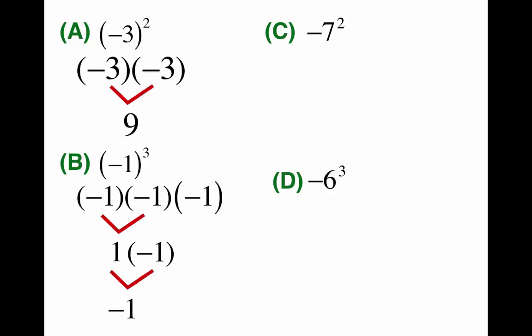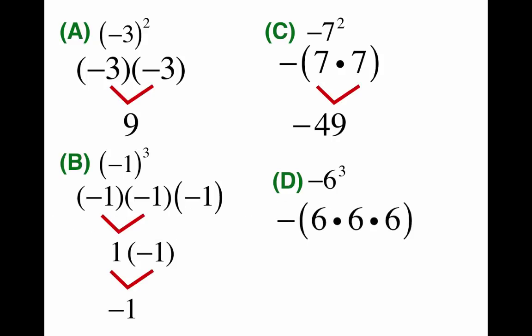Look at letter C, though. Letter C does not have a parenthesis, so what does it mean, 7 to the second power? Well, it means the negative is on the outside. It means 7 times 7 is 49, but with the negative on the outside, it goes back into being a negative 49 for your solution. And then the last one, letter D, there's no parenthesis, so that means the negative is on the outside, and it's 6 times 6 times 6.